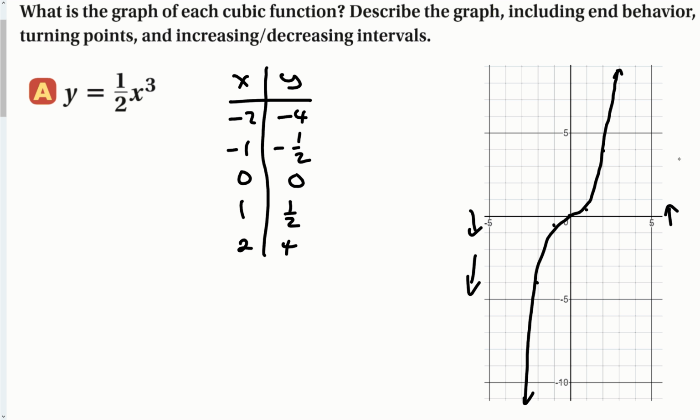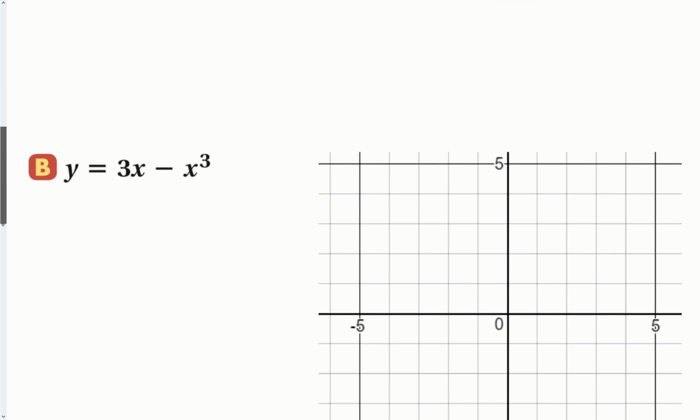The left side goes down, the right side goes up, just like I thought. It never changed directions. And this graph is constantly increasing. Okay. So, I had a little bit of a picture beforehand, and now I have a pretty decent picture of what this graph looks like now that I've graphed it.